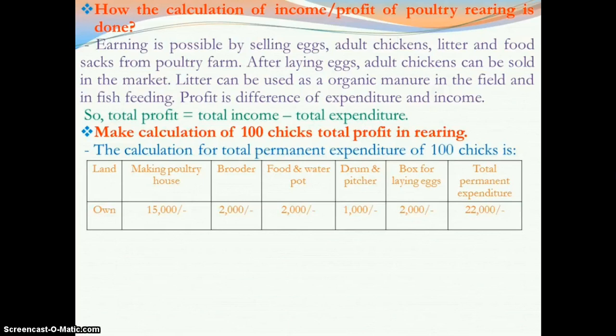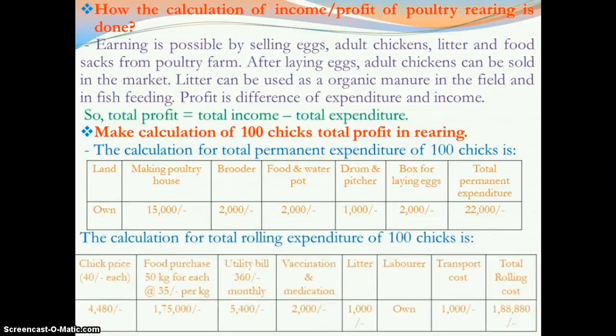Now let us look at the rolling expenditure of 100 chickens. If we take one chick price as 40, then in total we have to buy 112 chicks and the total cost is 4,480. Food purchase is 50 kg for each for 18 months, and the cost of 1 kg is 35 taka. So this total cost is 1,75,000 taka.